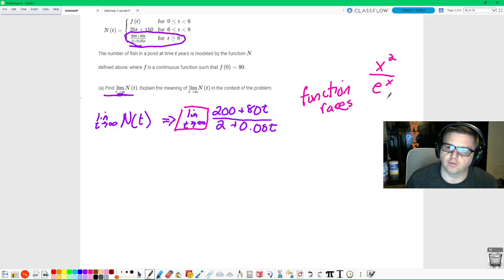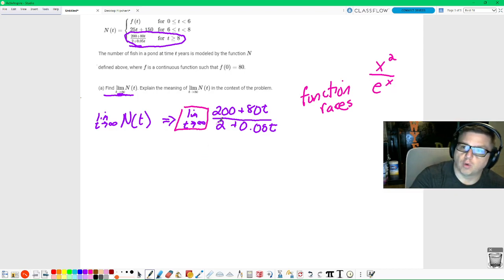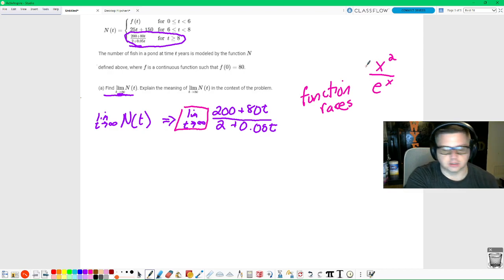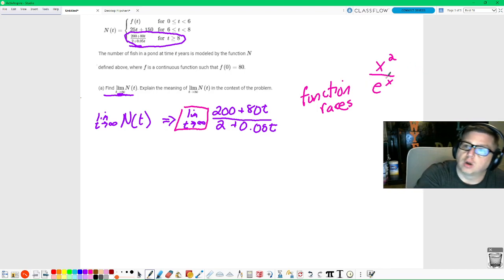Is x squared faster than e to the x? Well, when you plug numbers in, maybe 2 squared is bigger than e to the 2, but what happens at 100 squared? That's 10,000, but what's e to the 100 power? Now that gets incredibly fast.